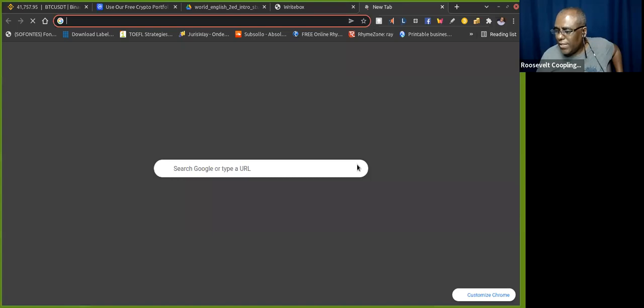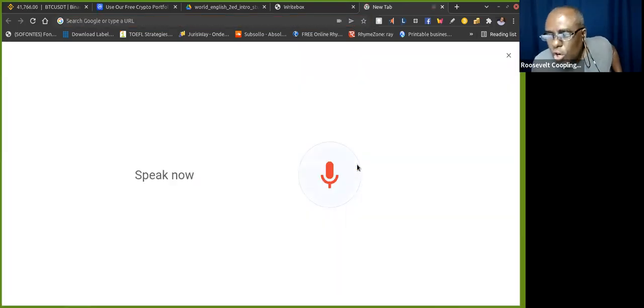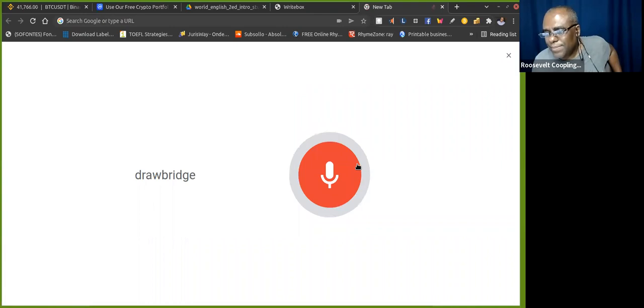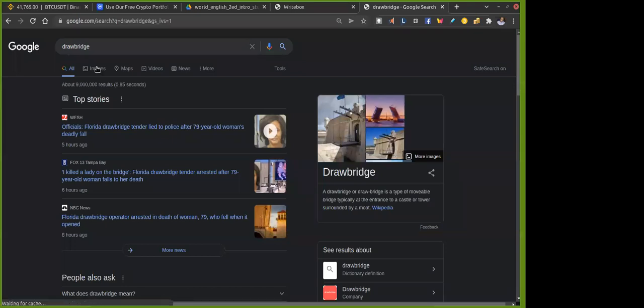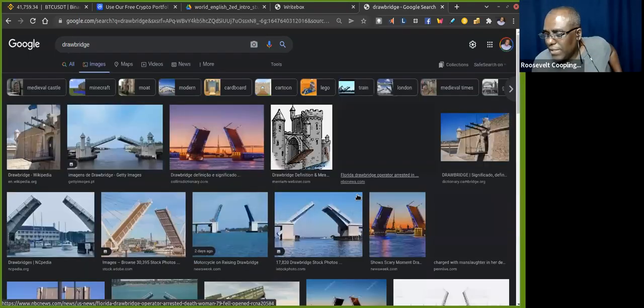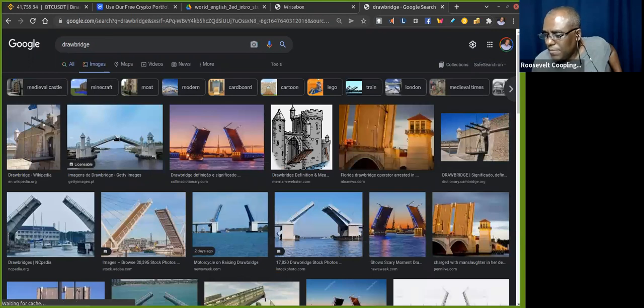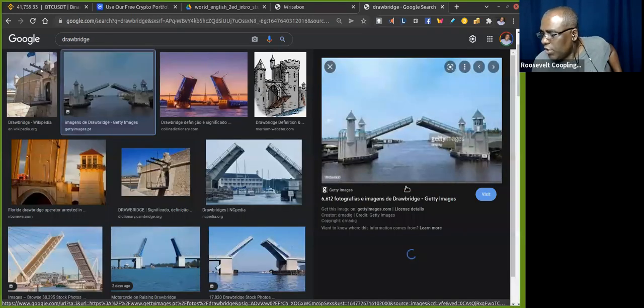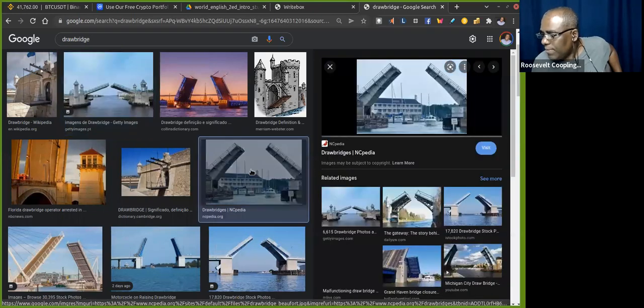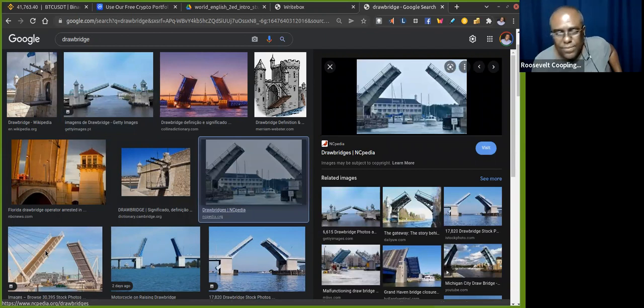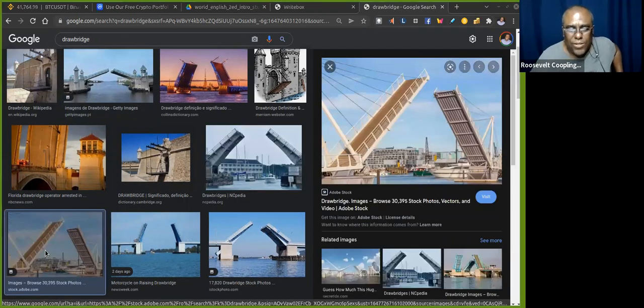Yeah, that's the drawbridge. That's what we call a drawbridge. What's a drawbridge? That's a drawbridge. You see? A drawbridge. Okay? So that's what we call a drawbridge.